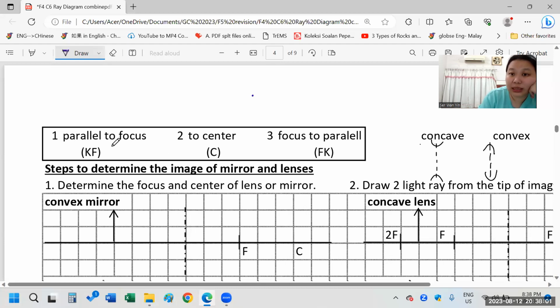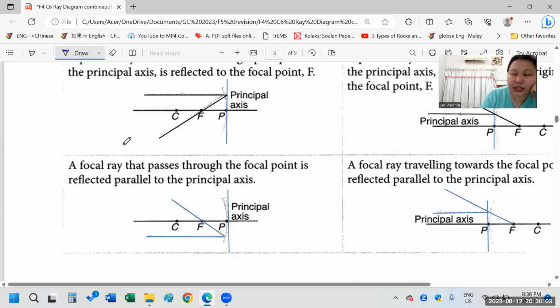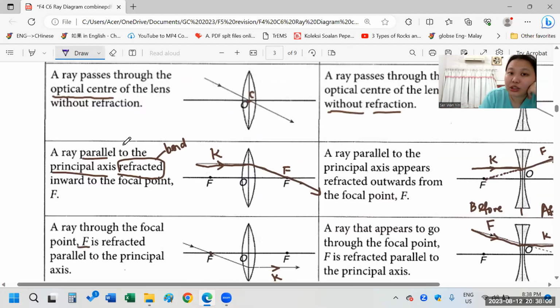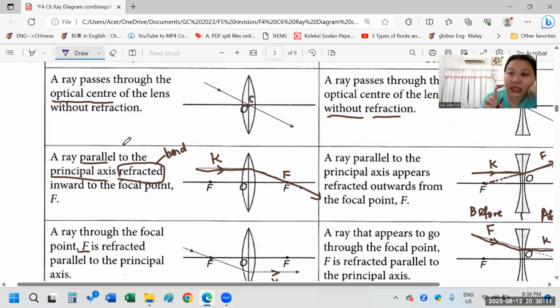There are actually a lot of light rays that pass through the lens, but we just count 3: KF, KFC, or FKC. Actually, you just need to draw 2. KFC can do most of the ray diagram.